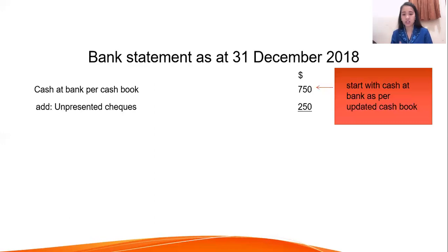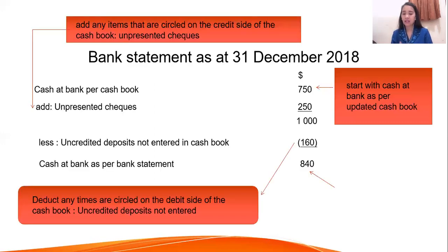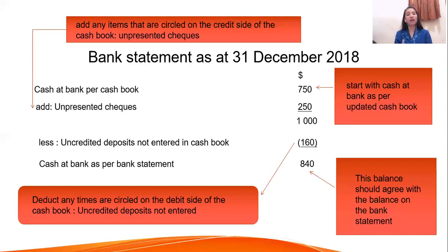Here the balance is also 840. So it's already agreed, and our bank reconciliation statement is right. So we can send this one to our bank. That's all for example 2. Very easy, right?